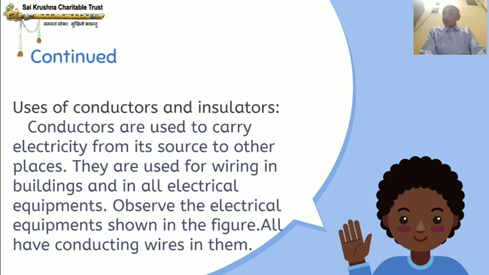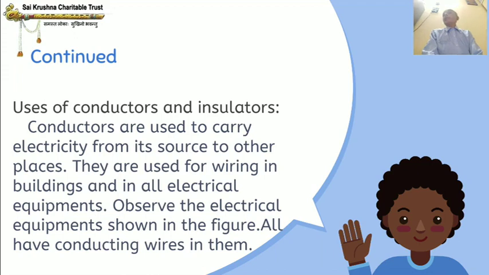Observe the electrical equipments shown in the figure. All have conducting wires in them. So you will be seeing several electrical equipments in the figure. All these electrical equipments shown in the figure have conducting wires in them.